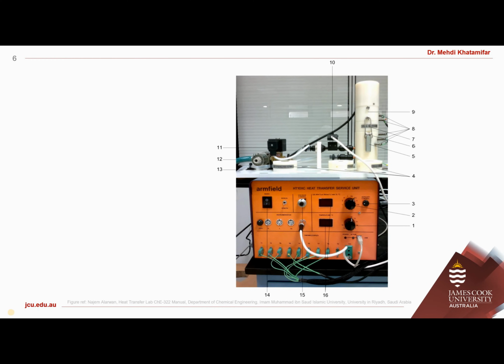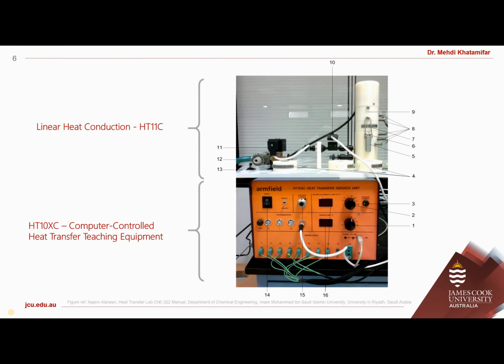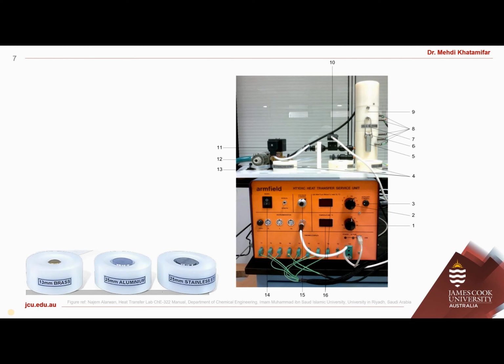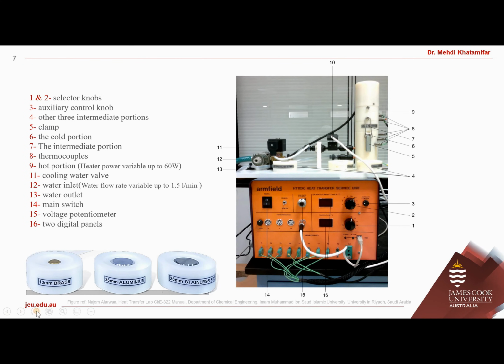The upper section is the linear heat conduction HT11C, and the lower part, HT10XC, is a controlling system for the linear heat conduction apparatus. Let's investigate different parts of this apparatus.